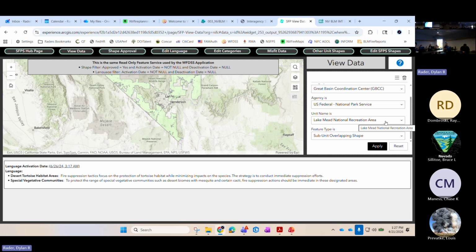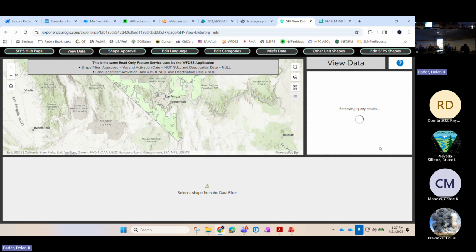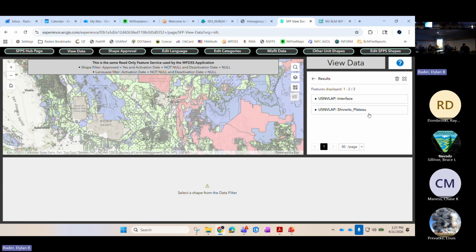Right, and that's because of the way it's set up. For example, here, subunit non-overlapping for the park, for Lake Mead, looks like you guys have interface and Shivwitz Plateau. Does that make sense to what you plan on? Okay.